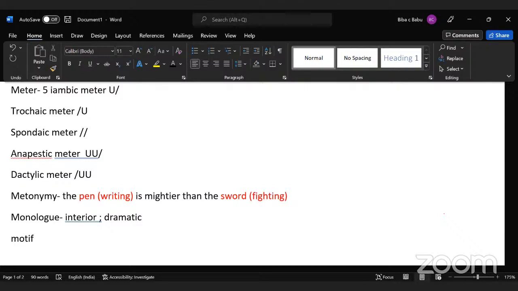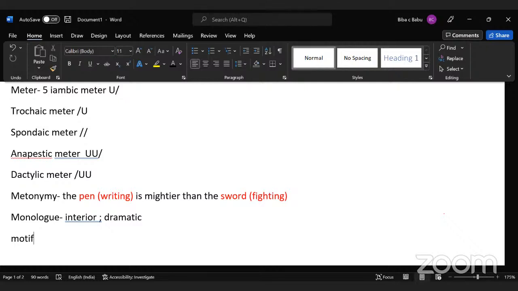You might have seen that in the movies. That is an example of interior monologue, because the audience understands what is happening. Audience are given what is going on inside the mind of the character, but they are not actually speaking. That is interior monologue.